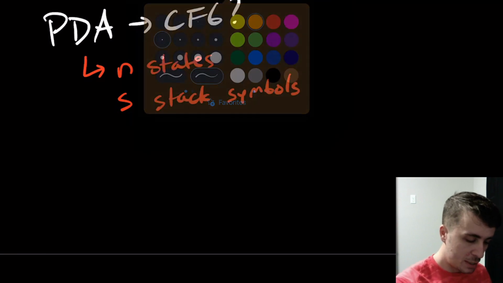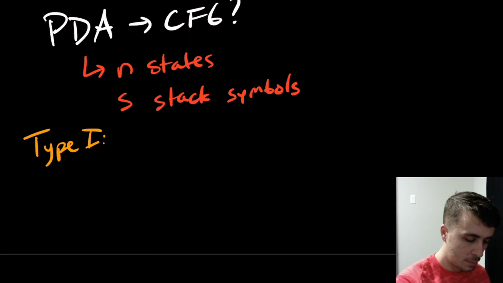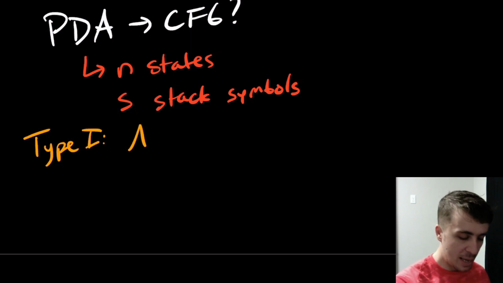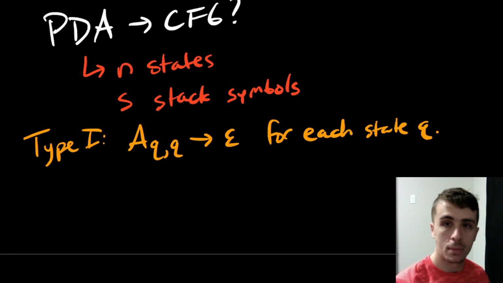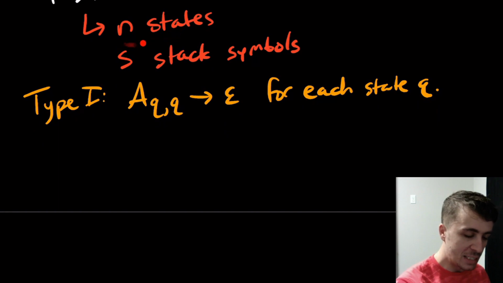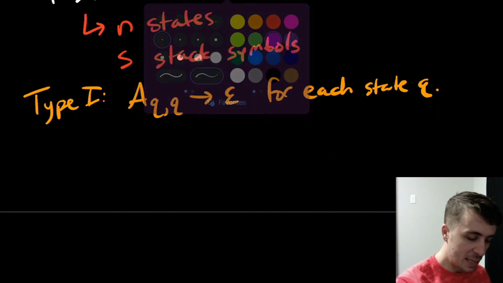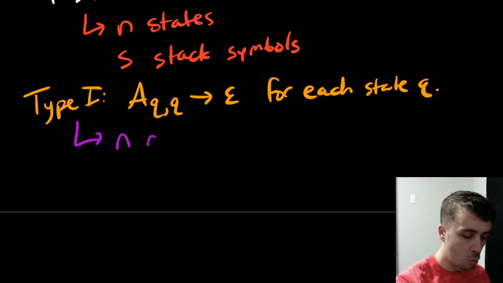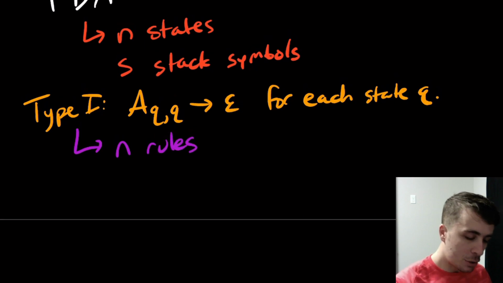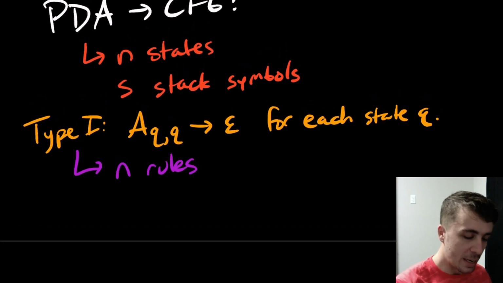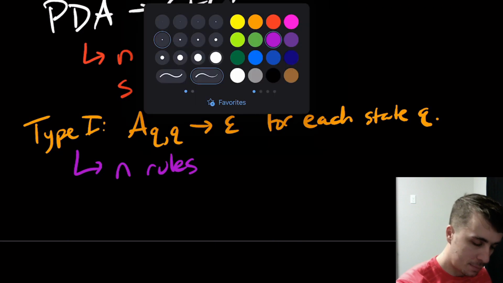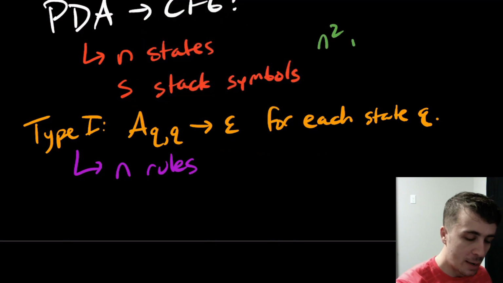So for type 1 rules, we're going to have A sub q, q going to epsilon for each state q. Because there are n states, type 1 is going to have n rules generated. Also, because we can have any state in either coordinate here, we're going to have n squared variables.